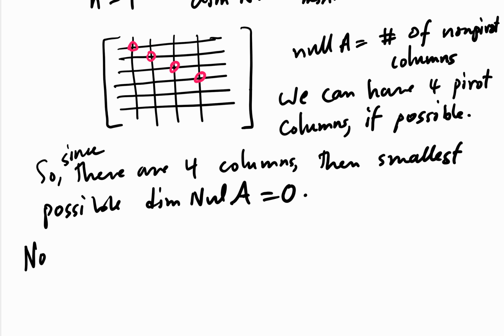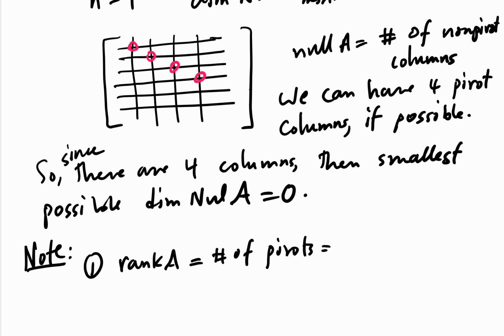Just keep those in mind. First one, the rank of A is the number of pivots. So it's also the number of linearly independent columns.